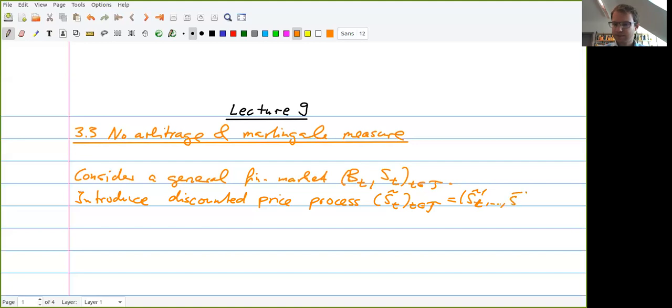It is given by the price of the asset at time t, discounted by the bond, for t in our index set, and we have d assets, so for i equal to 1 up to d.